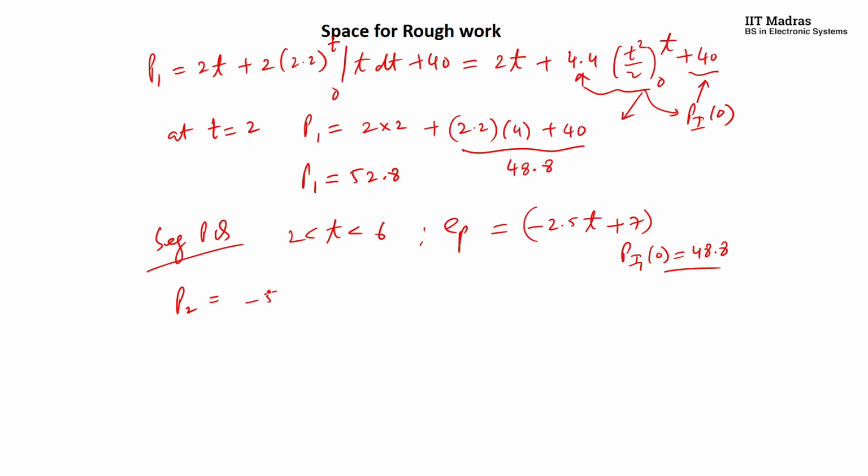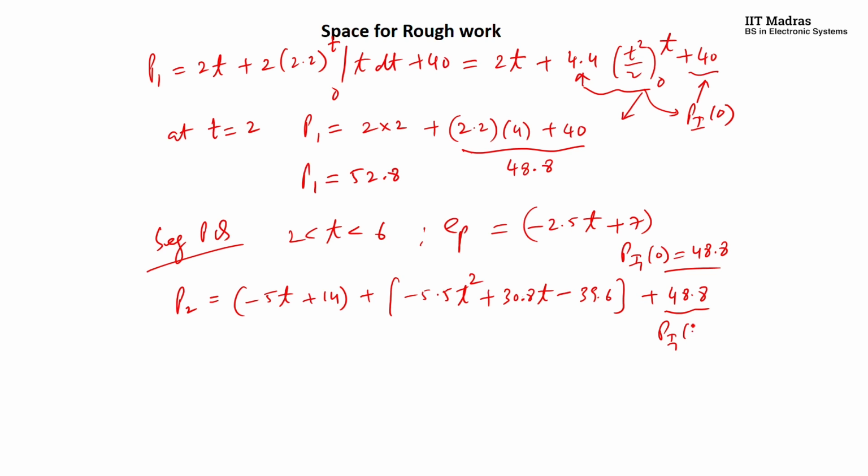I'll write the steps directly here: minus 5t plus 14, plus minus 5.5 t square plus 30.8 t minus 39.6, plus 48.8. So this 48.8 is Pi1 of 0, from the previous integration value.